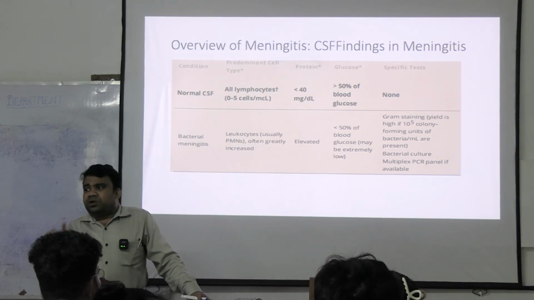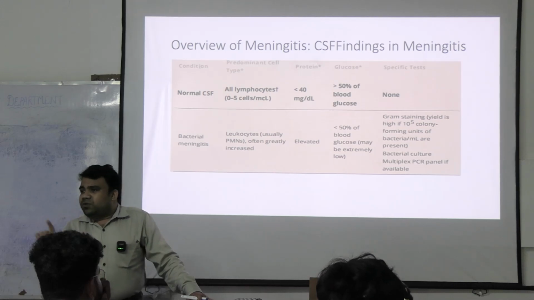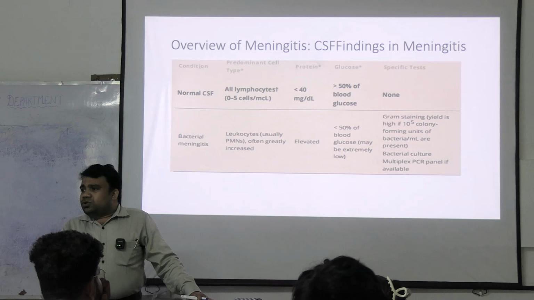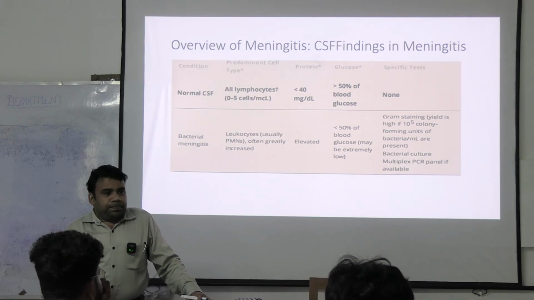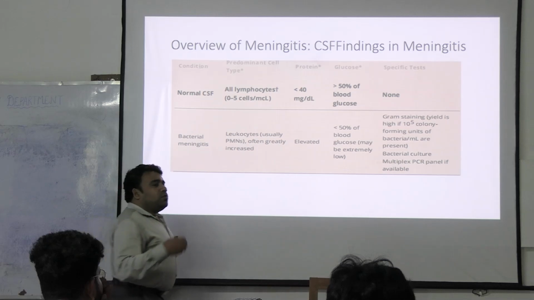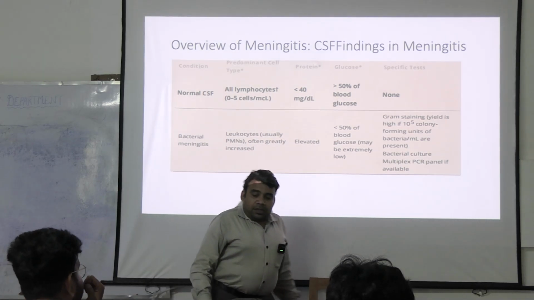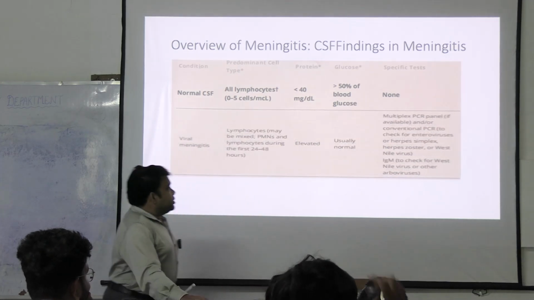Whenever you are taking a CSF sample, you should also send a blood sample for estimation of the blood glucose. Why? Because blood glucose will vary according to the time of the day. There is a variation whether the patient has taken a meal or not. There are many factors. Understood? So this would be the first change.